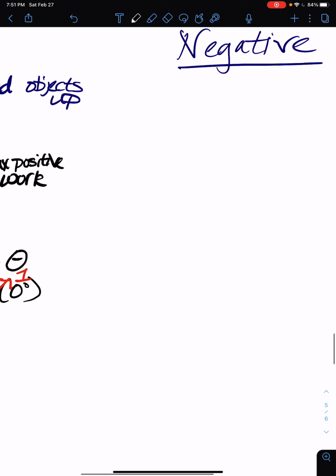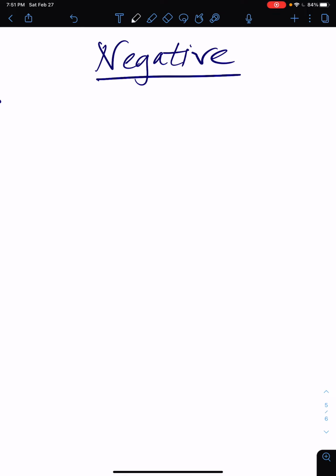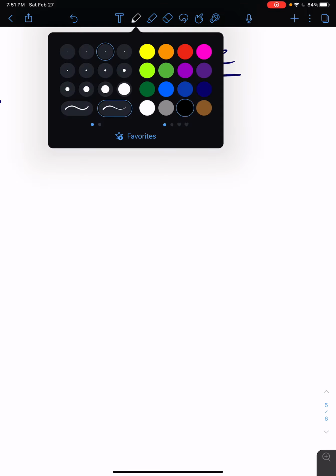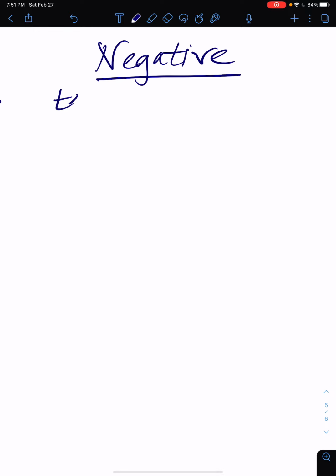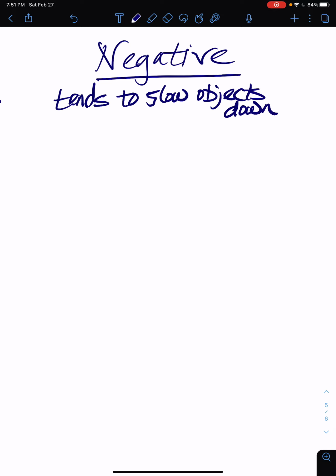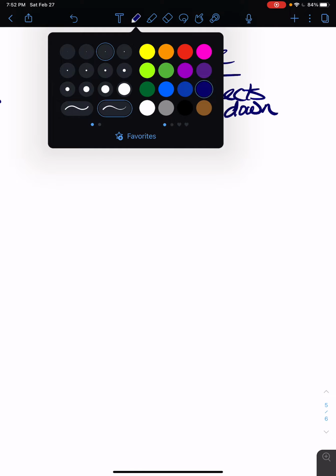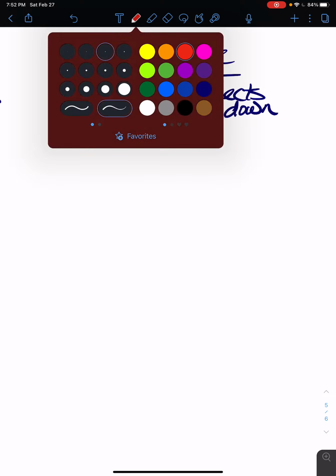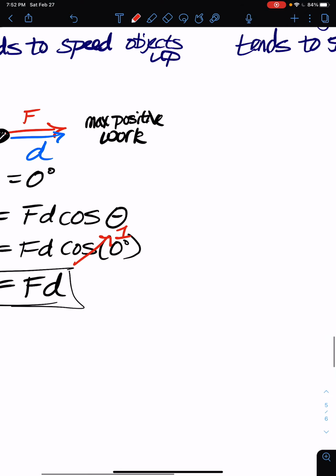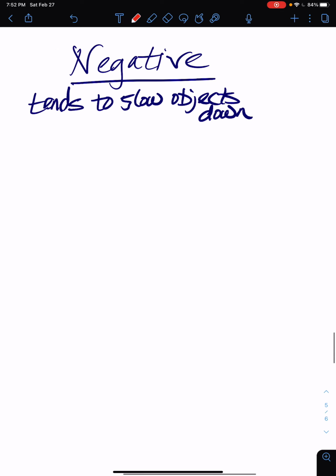Okay. A negative work situation. Negative work tends to slow objects down. All right. Well, in this case, we have, I think we went red with the force. The distance maybe is still forward.